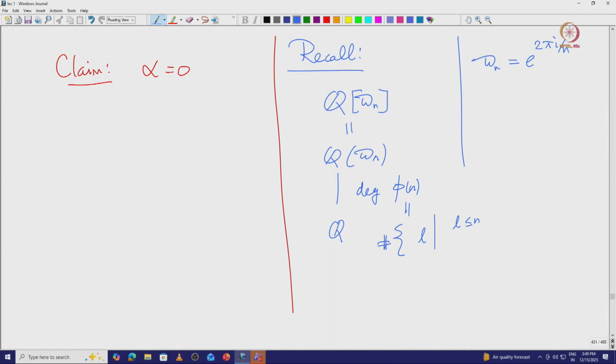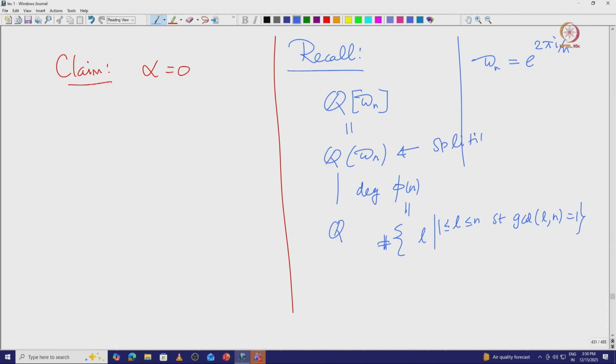So, it counts the number of elements between 1 and n which are relatively prime to n. So, the degree, that means the dimension of Q of omega n over Q, is phi of n. Not only that, this is also called a cyclotomic extension, and the Galois group of this is very explicitly known.